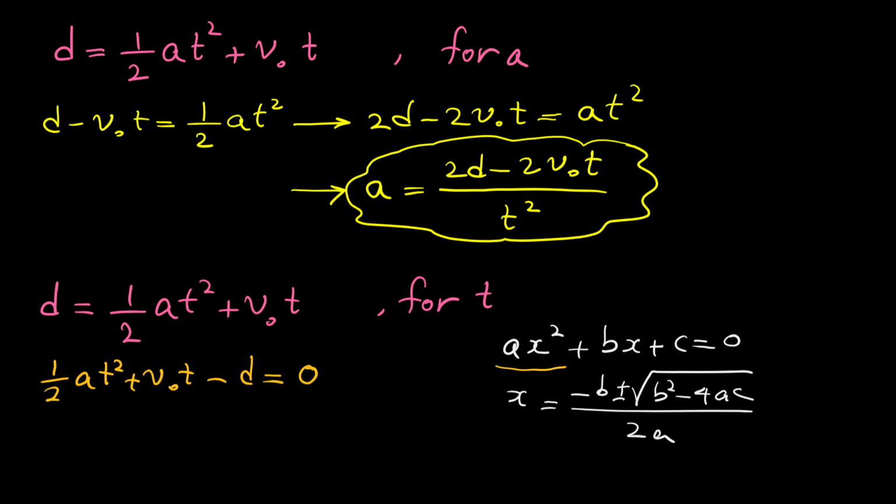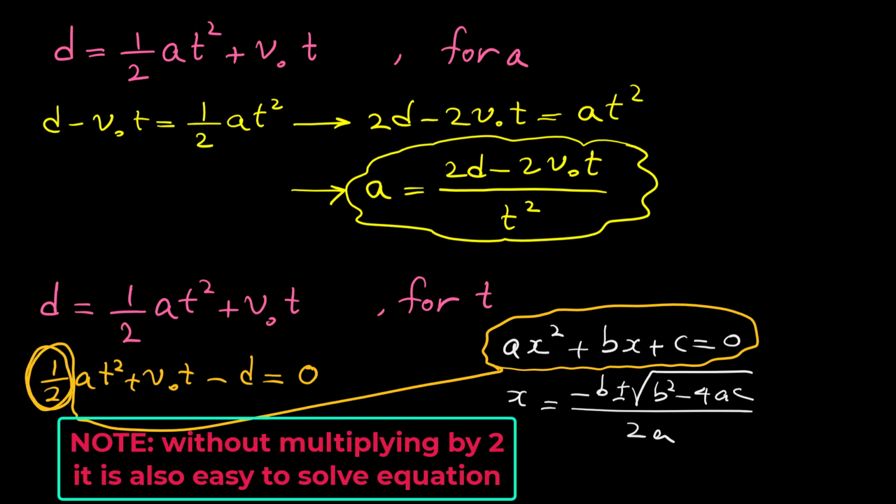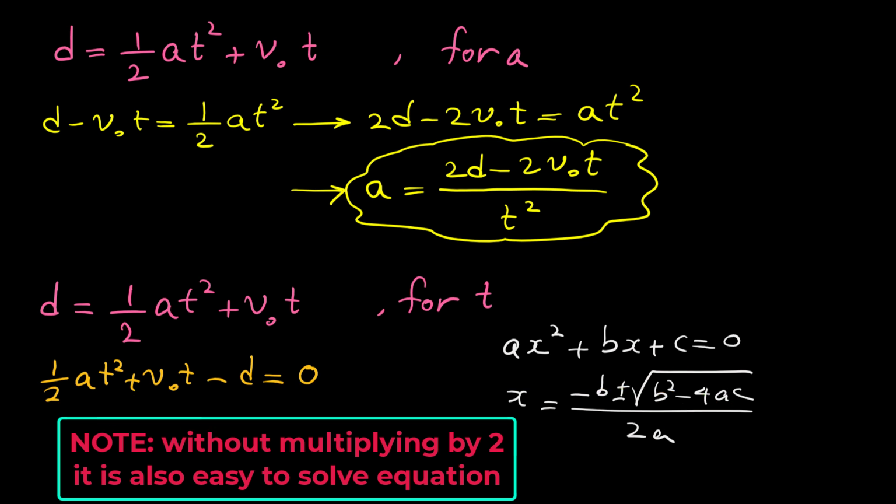Now you can use this formula for finding t, but we don't like to have a fraction here, because then you have to plug in that fraction here and it makes the calculation a little more difficult. So how can we get rid of that 1/2? By multiplying this equation by 2.